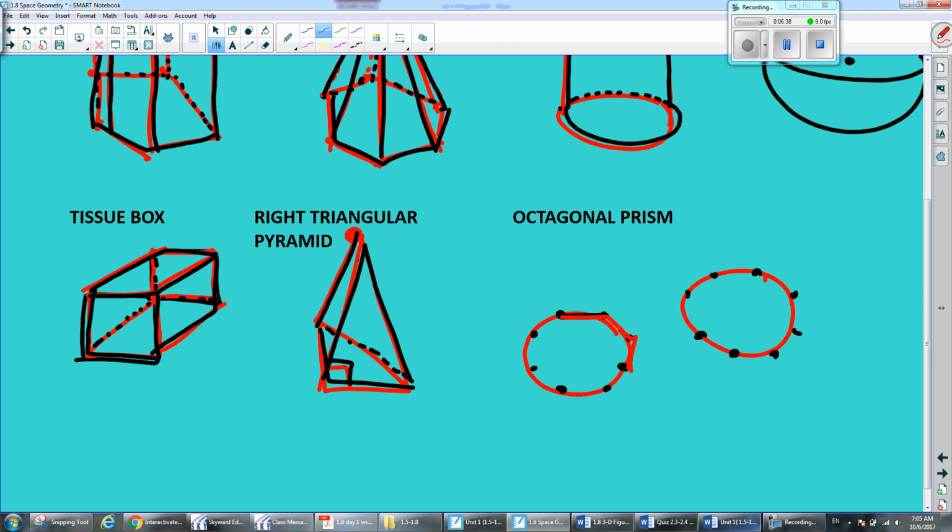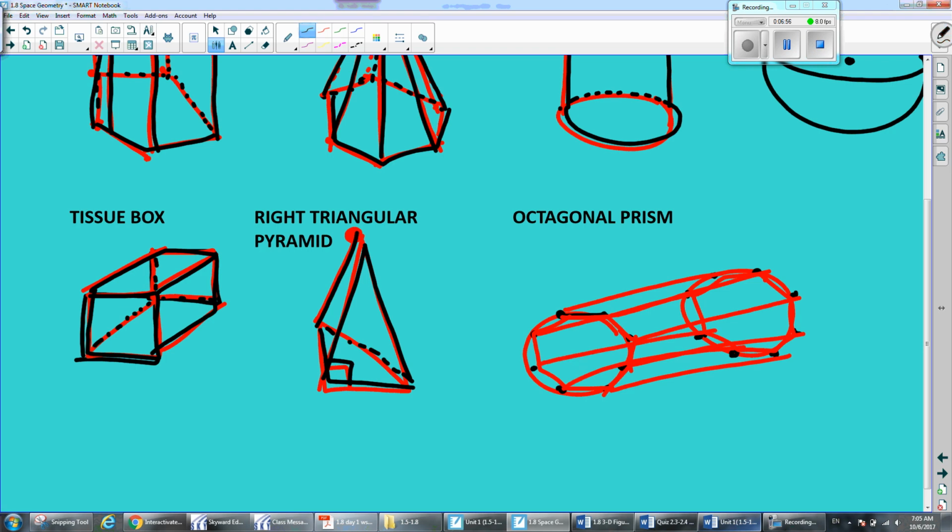Okay, so if I connect those, then I have to connect corresponding vertices. And then we'll figure out which sides we can't see. So here is actually the octagon.